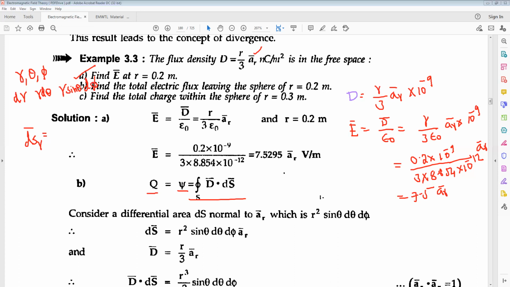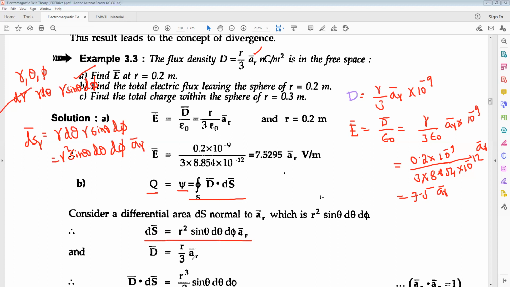So the differential surface area normal to the r direction has no dr; multiply r d theta by r sine theta d phi. So r into r is r square, sine theta, d theta and d phi. This is ds bar along the direction of a_r.